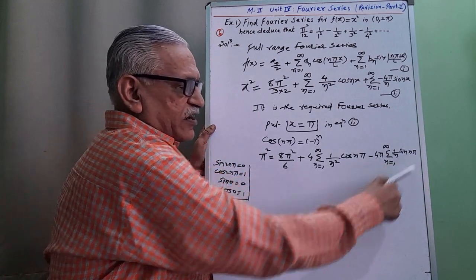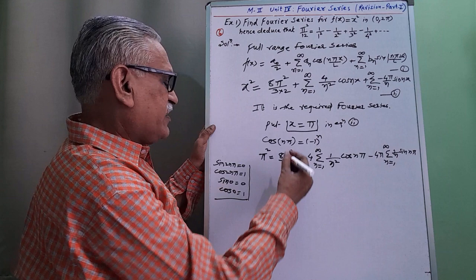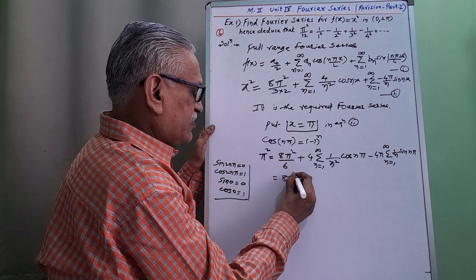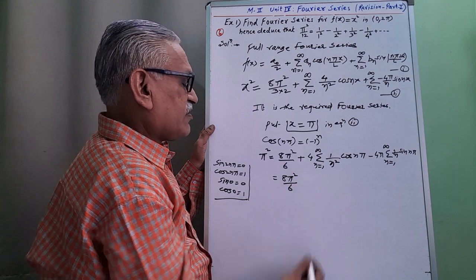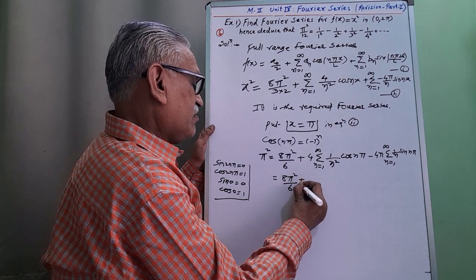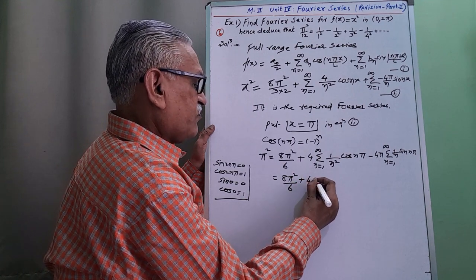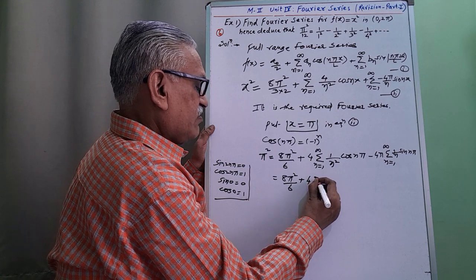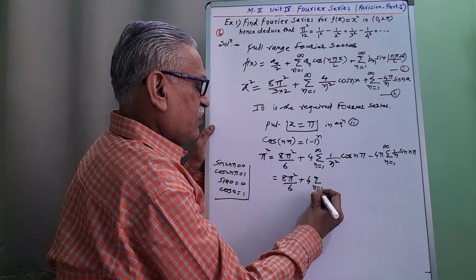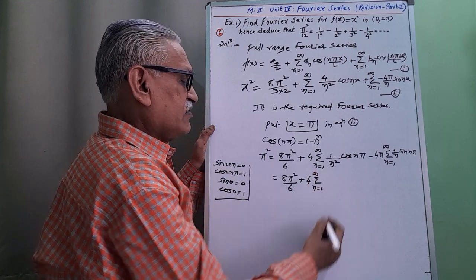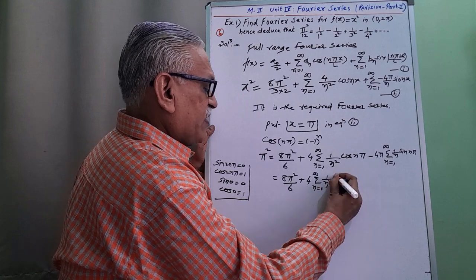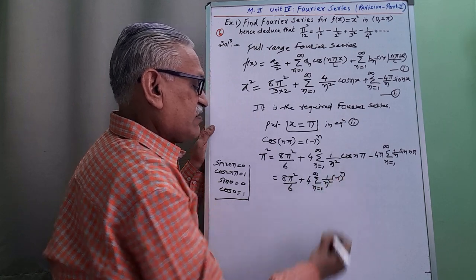And as the value of sin n pi is 0, this term becomes 0, and therefore we have the terms 8 pi square by 6 plus 4 summation from 1 to infinity 1 by n square, and the value of cos n pi is minus 1 raised to n.